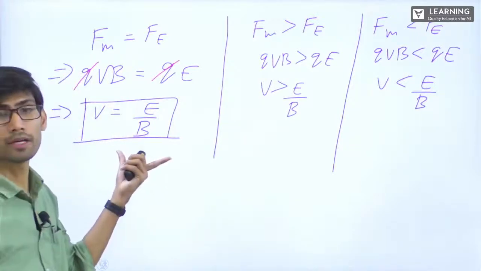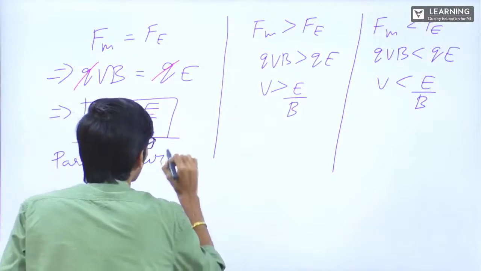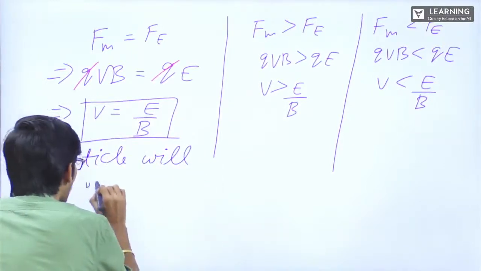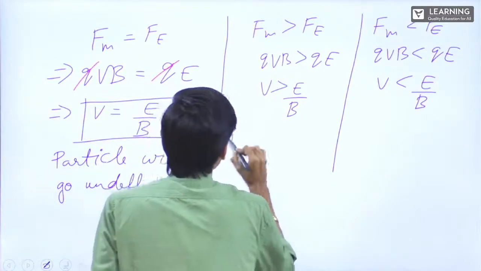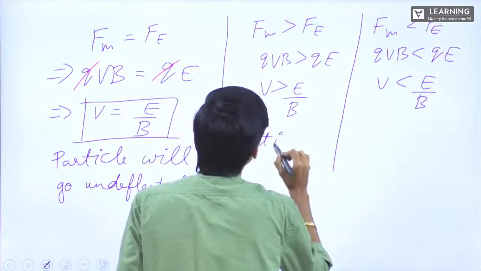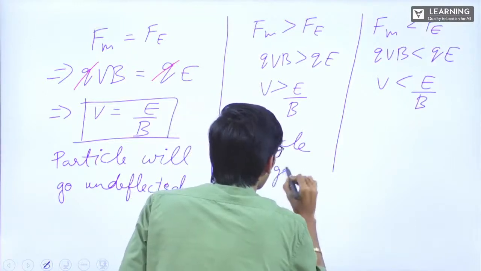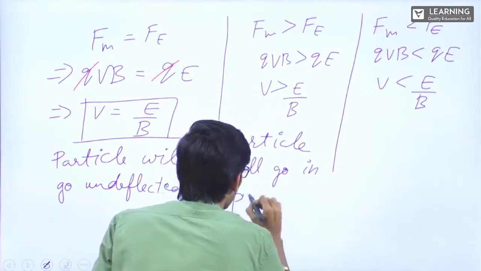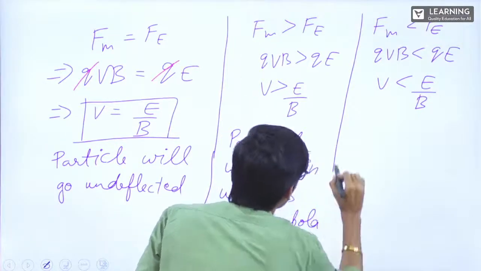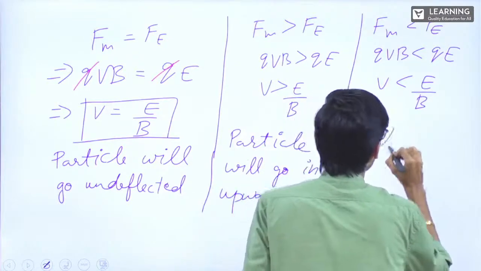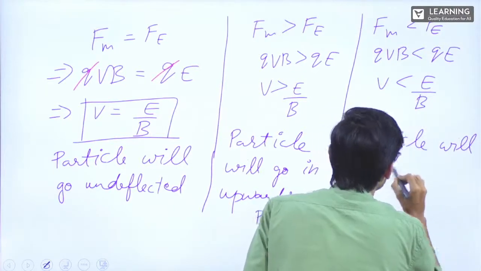If V is equal to E by B, the particle will go straight, undeflected. If V is greater than E by B, Fm is greater, and the particle will go in an upward parabola. Here, the particle will go in a downward parabola.